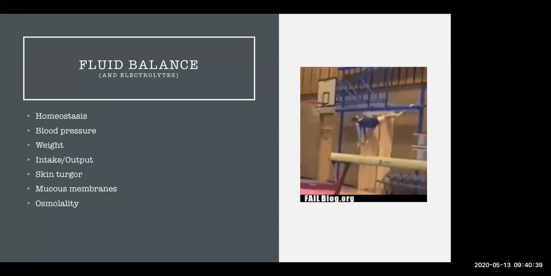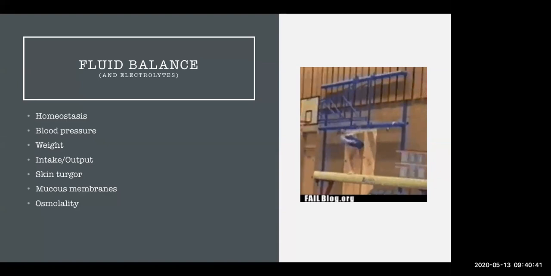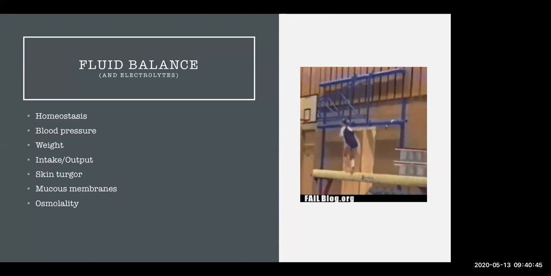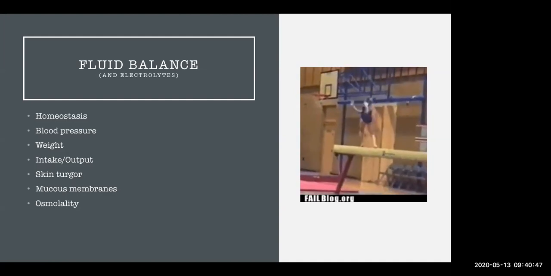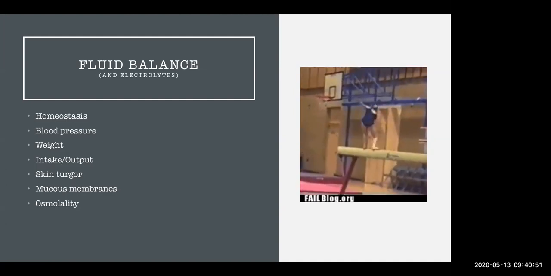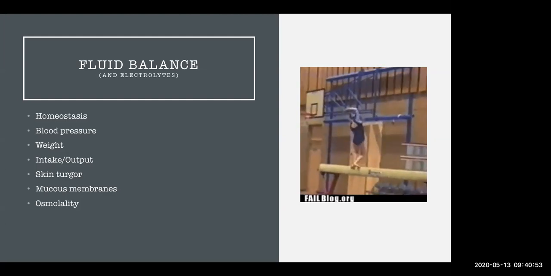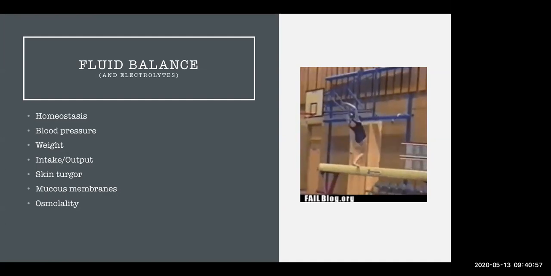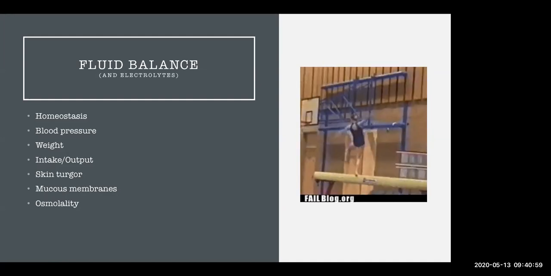But the thing to consider with blood pressure is there are other things that also determine a blood pressure besides just volume. And that would include vascular resistance. So if we have increased or decreased vascular resistance, that could alter our blood pressure and may not be reflective of volume, but it's a good place to start.